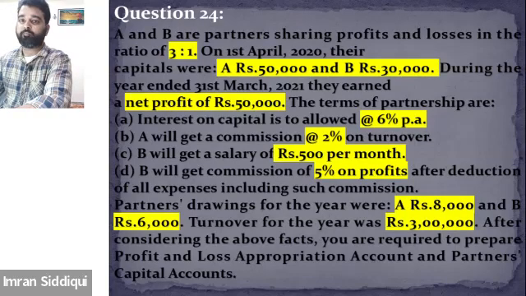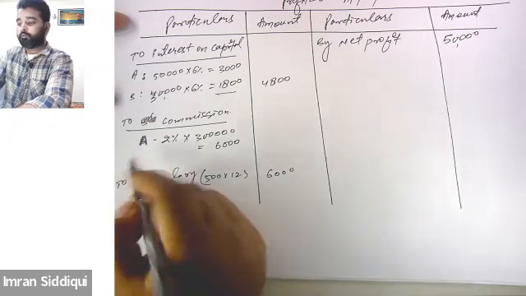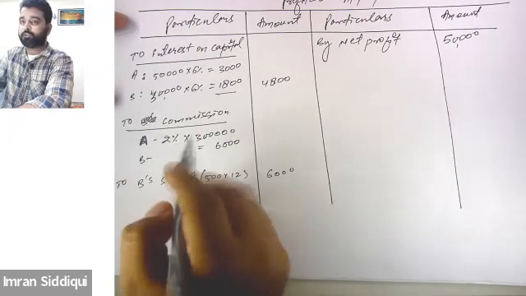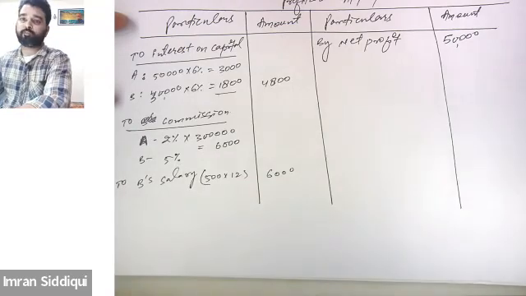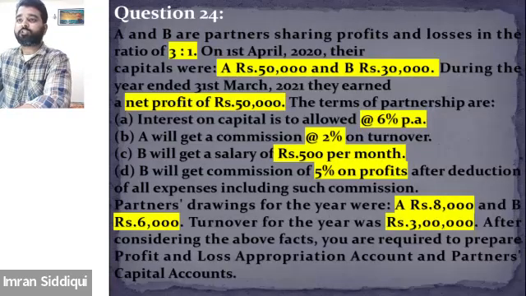So we will write down B's commission. B's commission is how much? It will be 5% of what? 5% of the profit. See, the question says 5% of the profit. Is that clear? So in this situation, we will have to calculate the profit after deduction of all expenses.